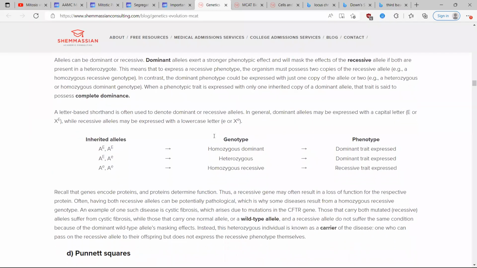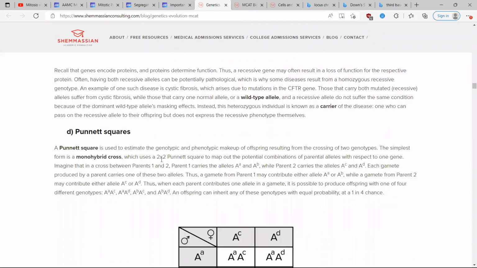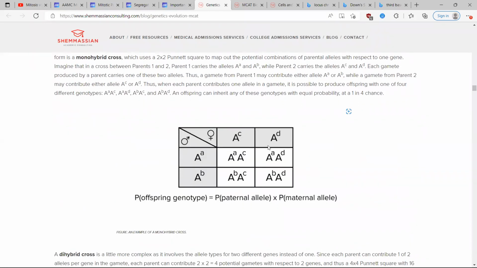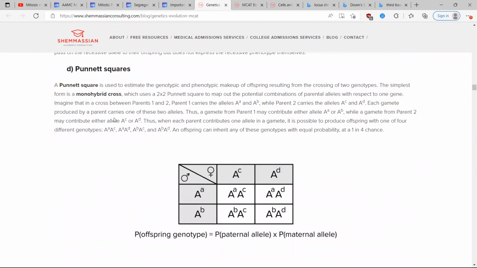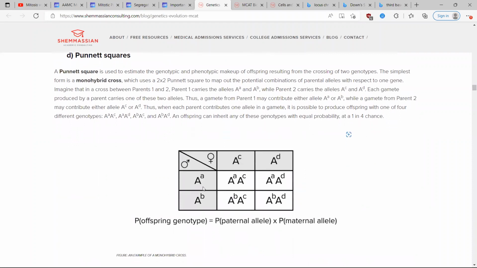Anyway, Punnett squares are a way for us to predict the genotypes that we can get based on the parents' genotypes. And so this is a monohybrid cross, which is simply the parents. You cross both parents, and you can see the potential offspring that the child can be.